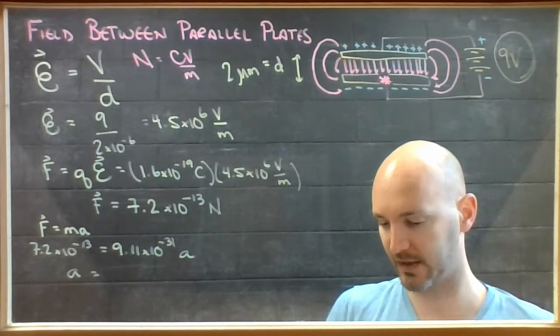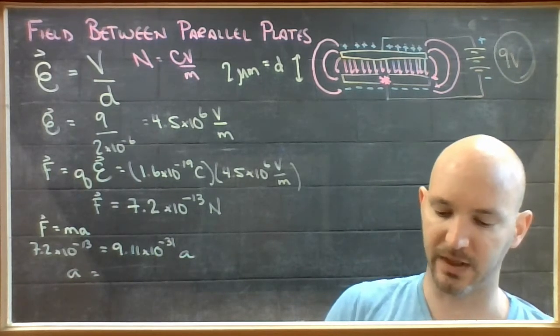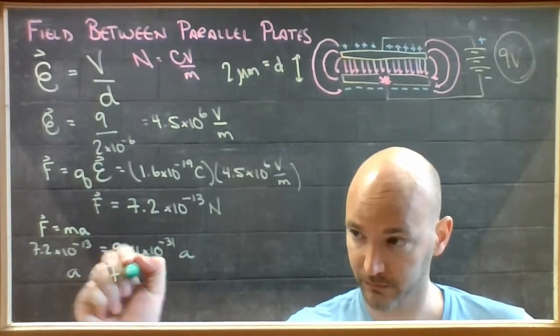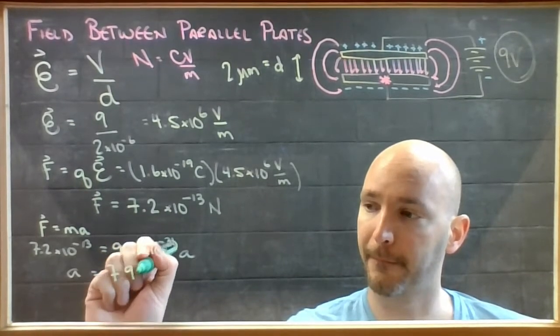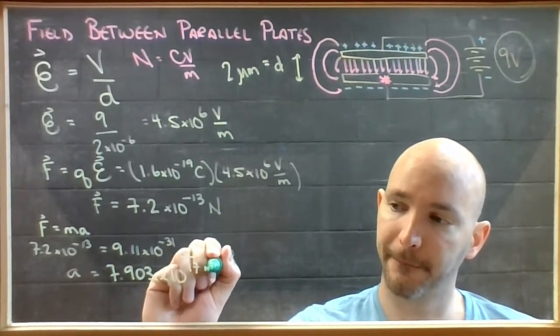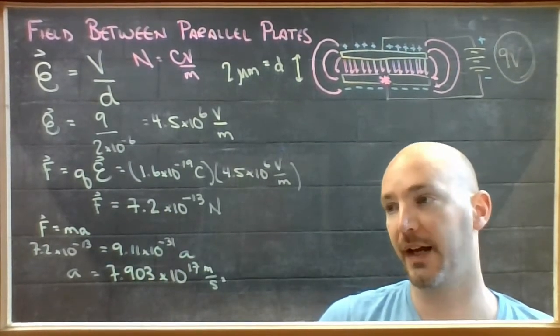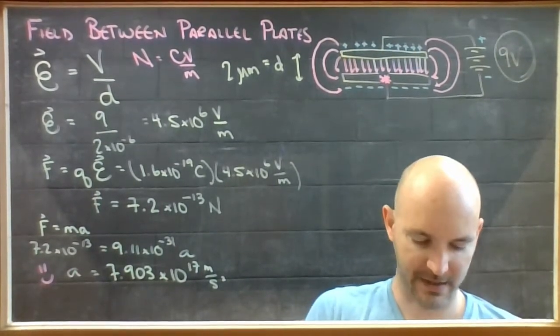Dividing by 9.11 times 10 to the negative 31 gives me 7.903 times 10 to the 17 meters per second squared. That is hysterical.